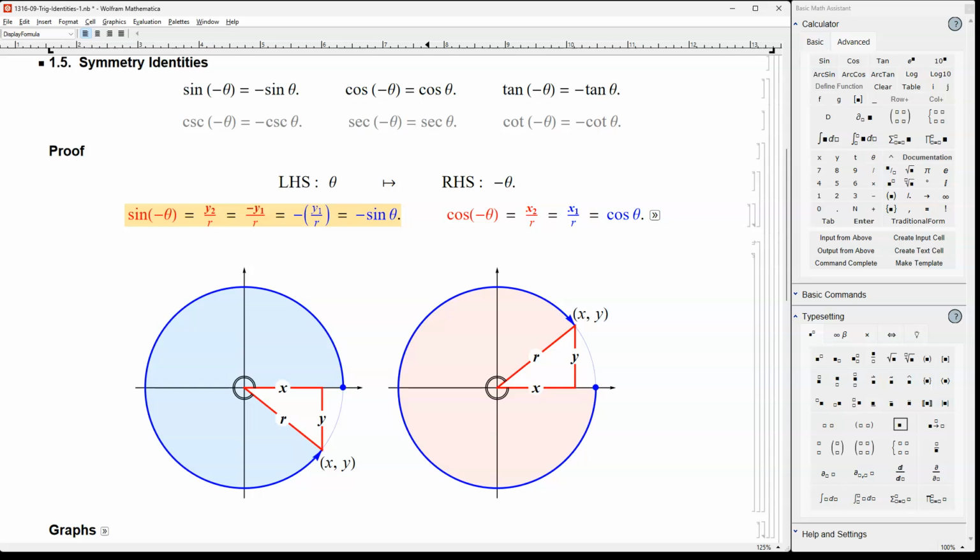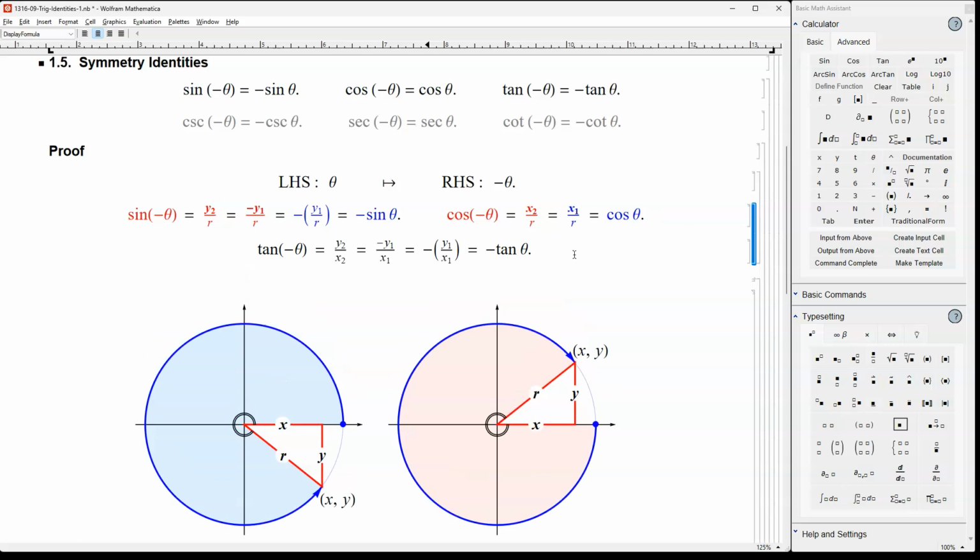Can you do the same thing to tangent? Well, go ahead and do that. If you do it right, you're going to get this. Again, from the second picture, y-coordinate over x-coordinate of the second picture, red. And then how do they translate into x-coordinate and y-coordinate of the first picture?